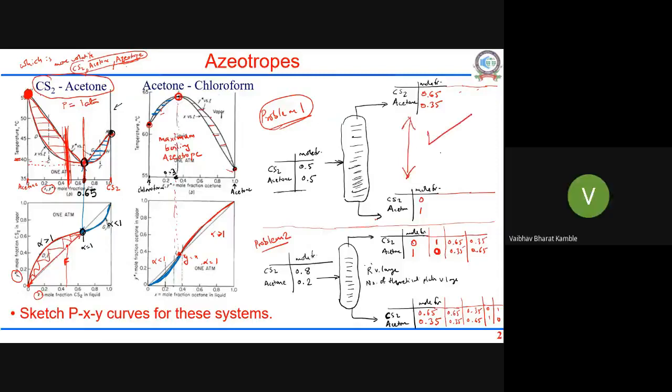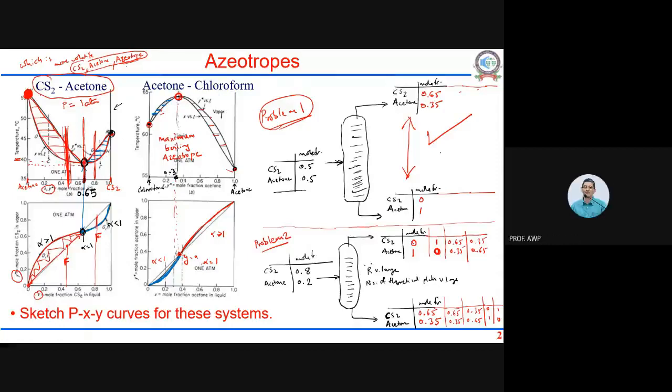Yes, sir. Now let's go to problem 2. Our composition is CS2 0.8 and acetone 0.2. That means we are on the right side of the azeotrope. This is our feed. Now on the right side of the azeotrope, what is more volatile? CS2. No, azeotrope is still more volatile.